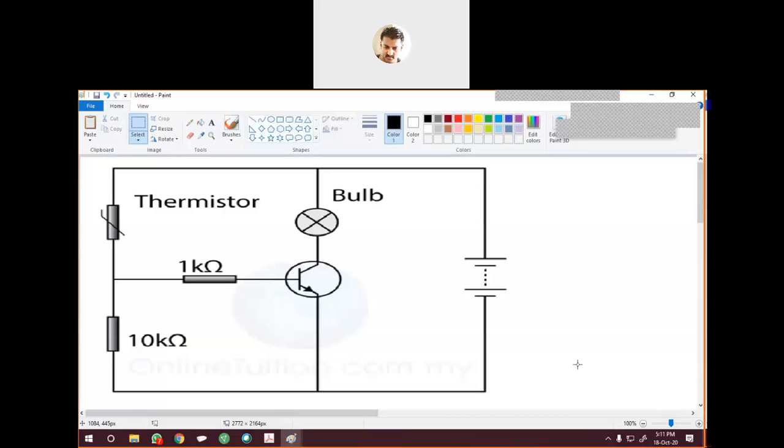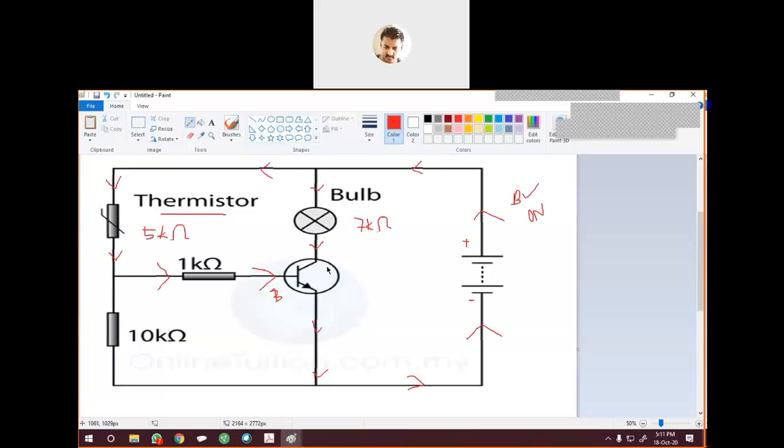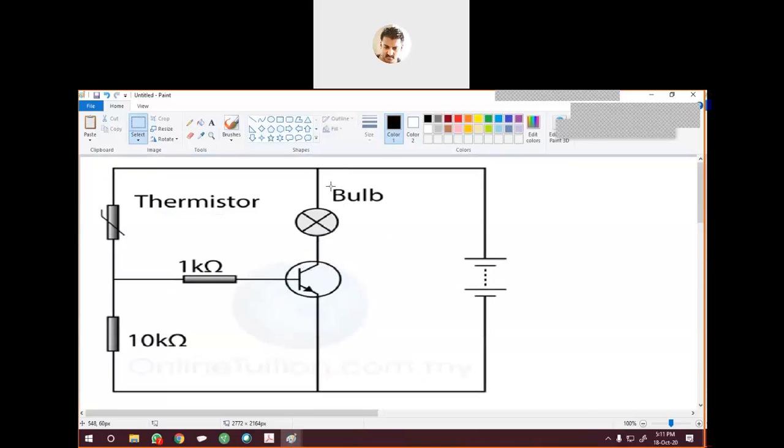Explain one more time, sir. Okay, explaining one more time. Just remember, if you want current to flow through the bulb, first you must make sure current flows through the base. So this part is known as the base.